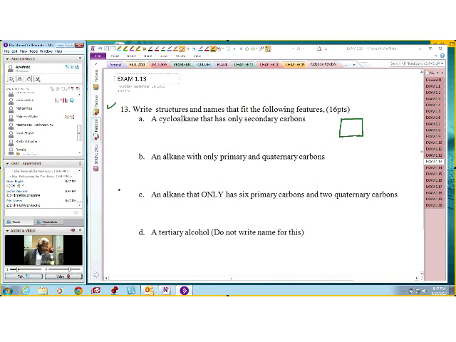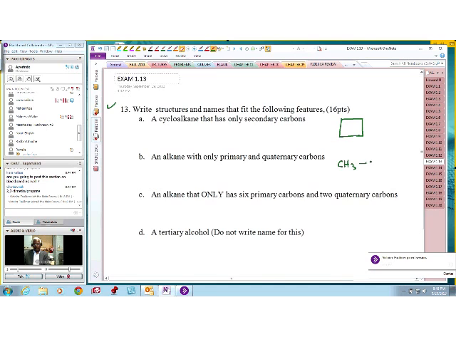Okay, 2,2-dimethylpropane. Excellent. I think you guys got that right. 2,2-dimethylpropane, which will be this here. Let me take that out. Very good.